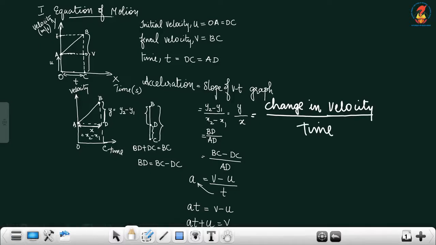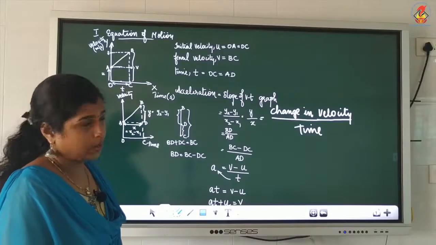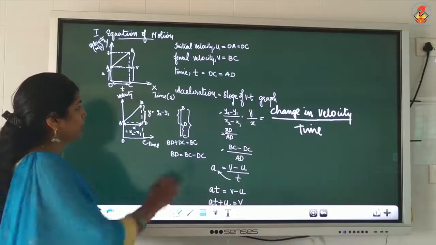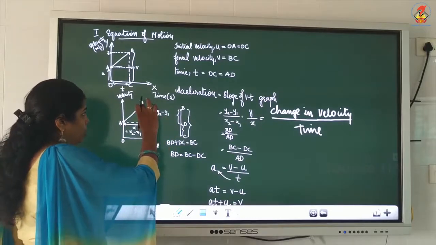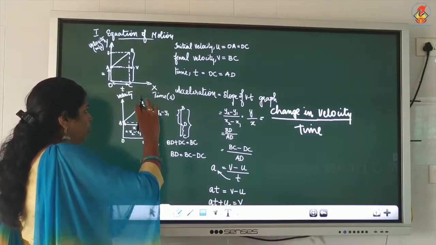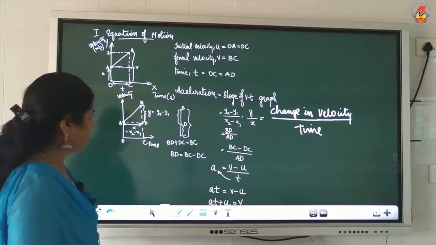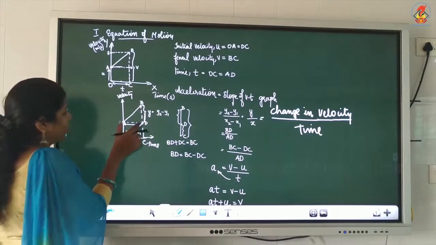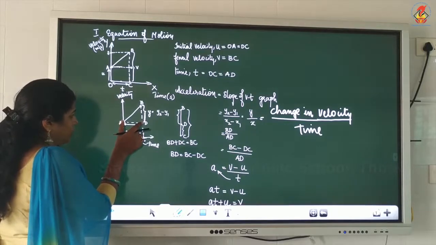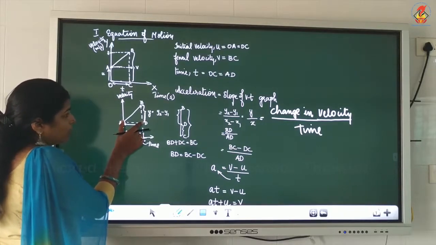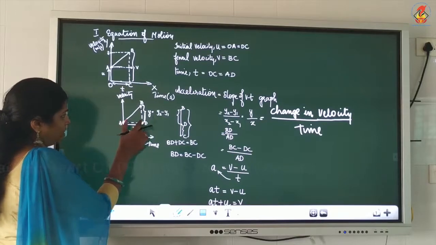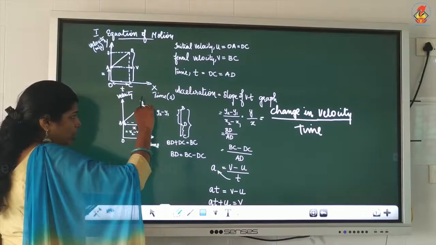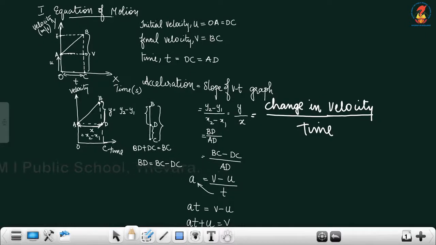So, you need to find the slope of the graph, that is y2 minus y1 by x2 minus x1. y2 minus y1 means change in y, this much, divided by x2 minus x1, which means this much, AD. AD is the change in x. BD is the change in y. Then you find it from the graph.